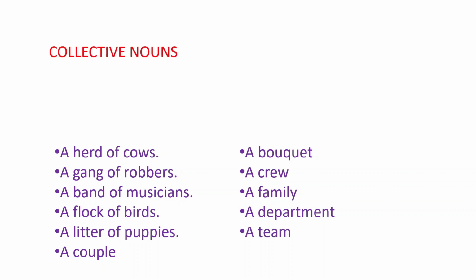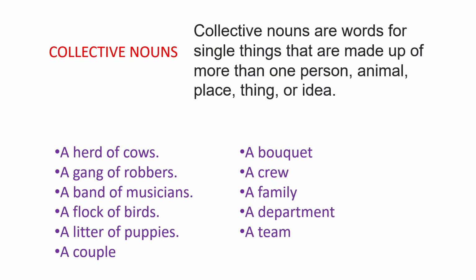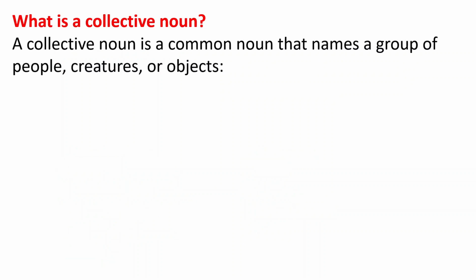These are called collective nouns. Collective nouns are words for single things that are made up of more than one person, animal, place, thing, or idea. It is a common noun that names a group of people, creatures, or objects.